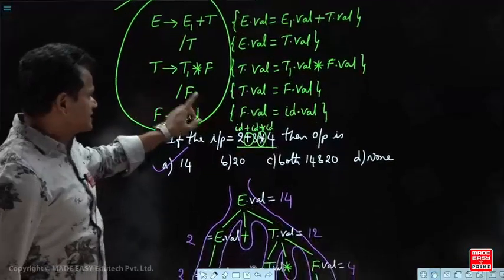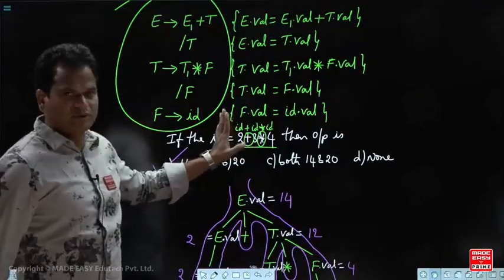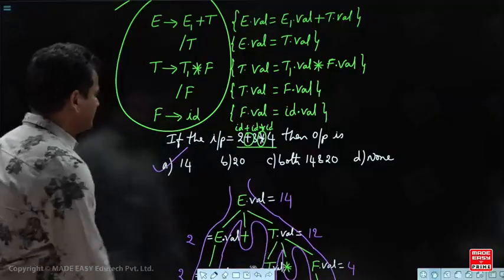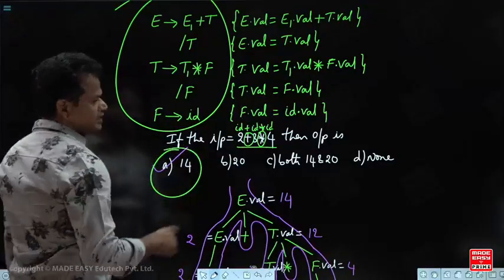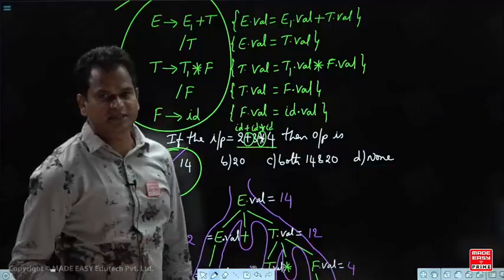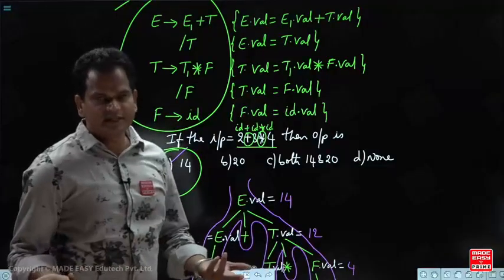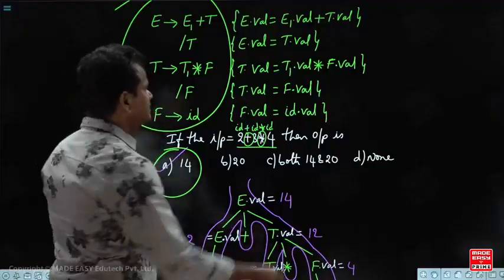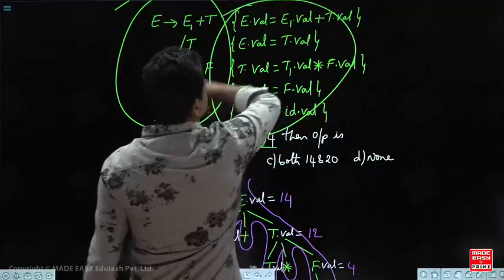The input is the same, 2 plus 3 star 4, but here the output is 14, and there the output is 2, 3, 4 star plus. Everything is the same, grammar and input, yet we get different outputs because of the semantic actions.